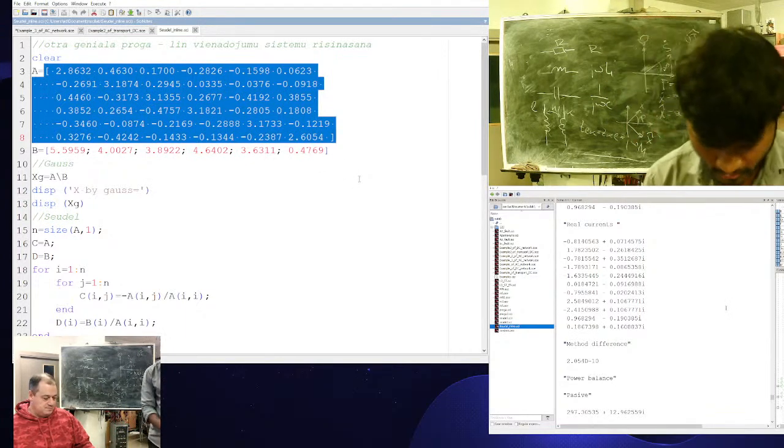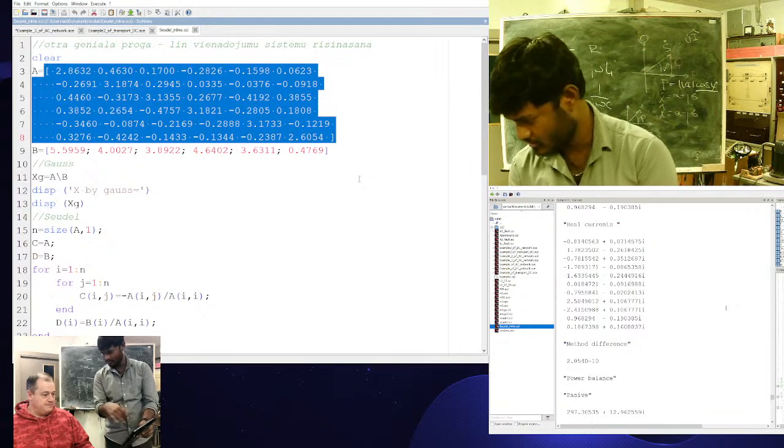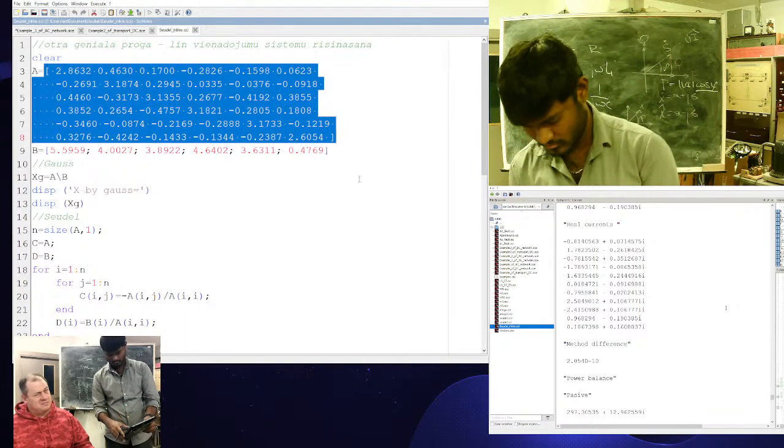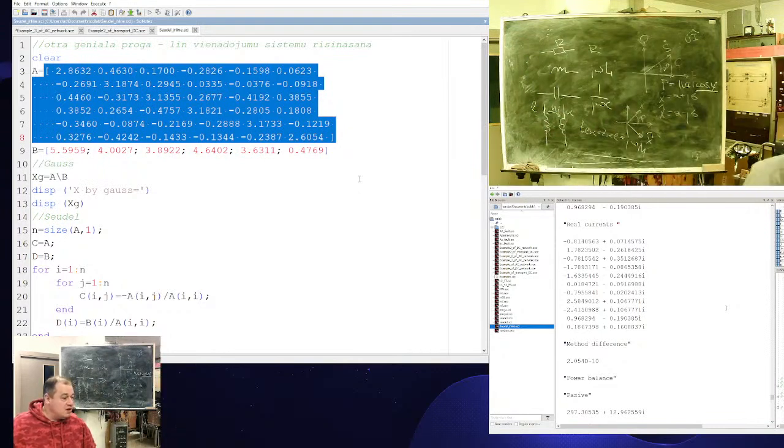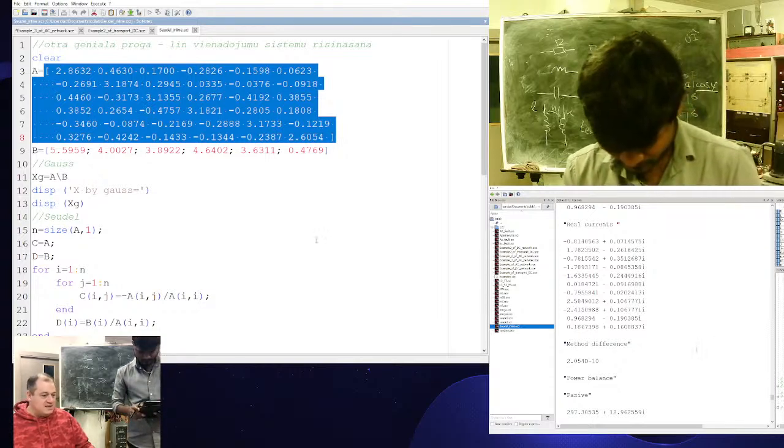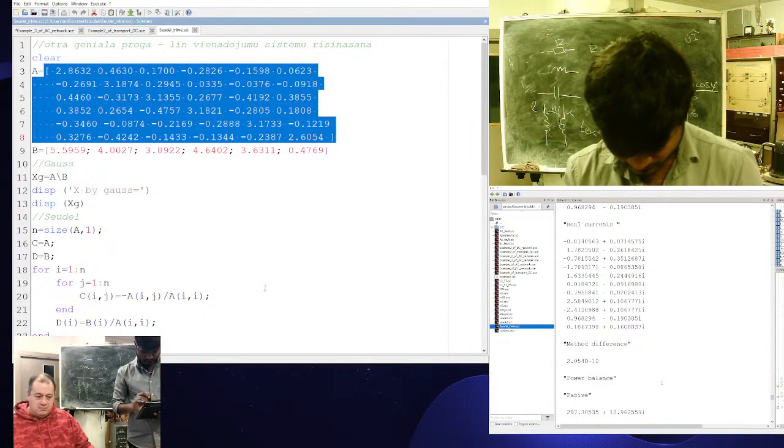You already uploaded this example, right? I'm not sure. You have a DC network example which uses the Seidel technique. Just cut the Seidel from it and it will be easy.